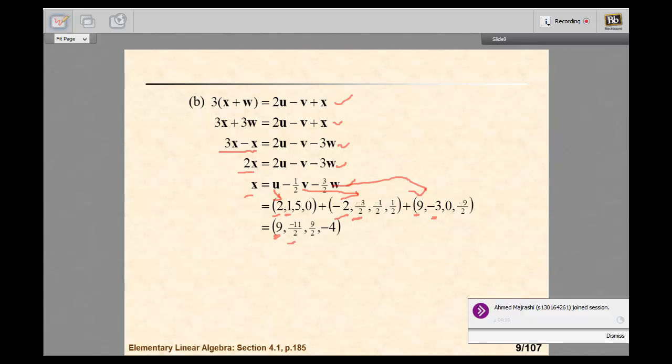Similarly, 5 plus 1 minus 1 by 2 plus 0 will be equal to 9 by 2. Just add, it's simple addition. 0 plus 1 by 2 and minus 9 by 2, you will get minus 4. So just add all these things, you will get this result.